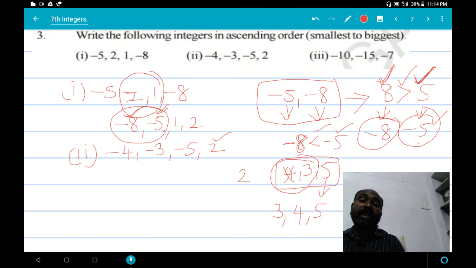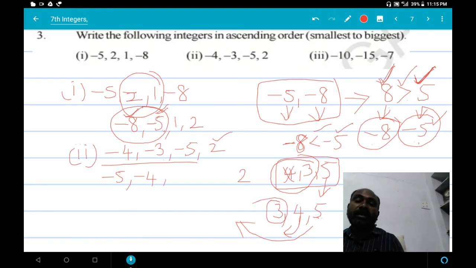But comparing negative numbers, 5 is bigger, so minus 5 is smaller. 4 is bigger than 3, so minus 4 is smaller than minus 3, and minus 3 is bigger than minus 4 and minus 5.